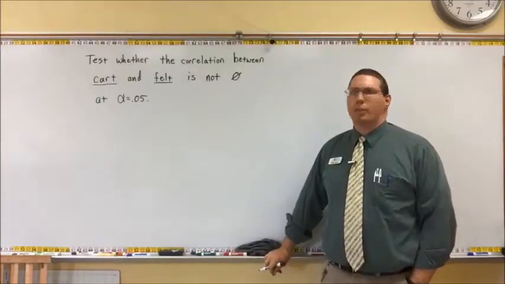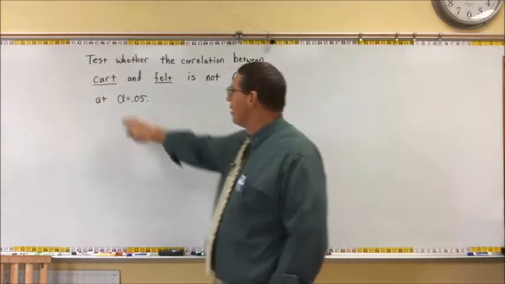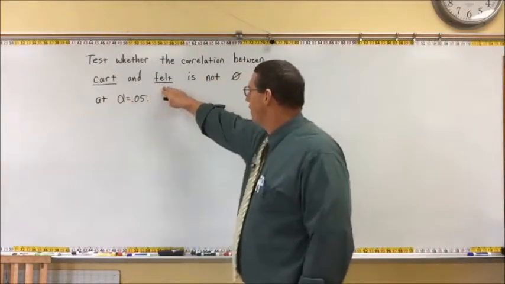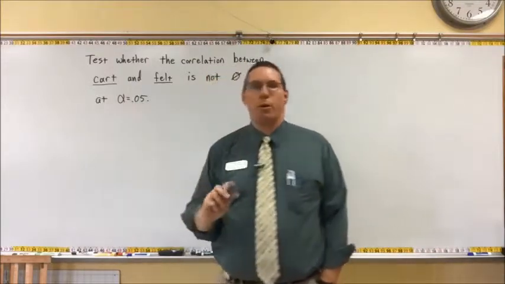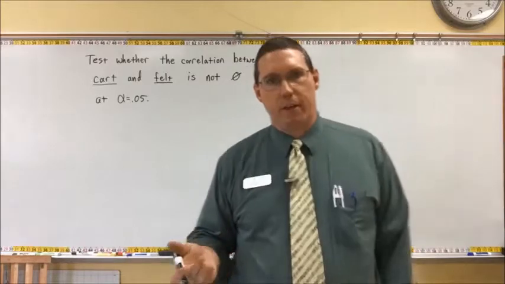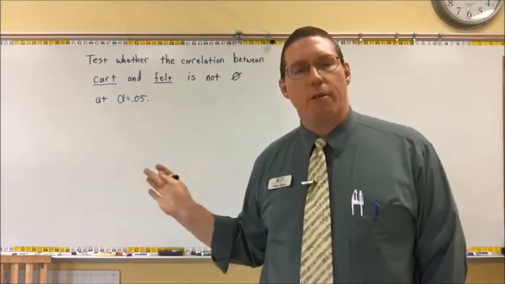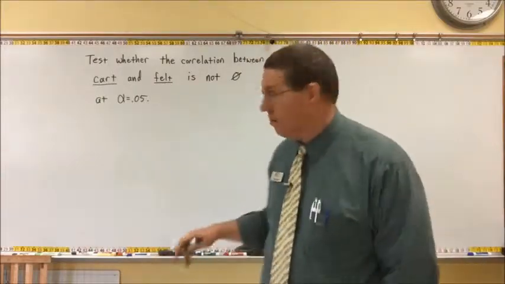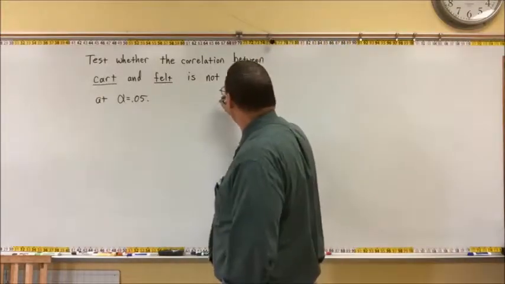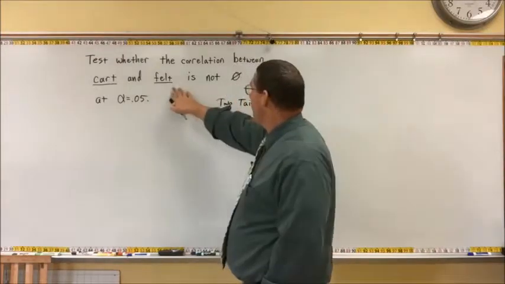Okay, so here's our question. We want to test whether the correlation between the variable cart and the variable felt is not 0 at the alpha equals 0.05 level of significance. Now, before I get into the procedure, it's important that you understand that we can actually do 3 different kinds of tests. We can do a two-tail test, and that's what's happening here.